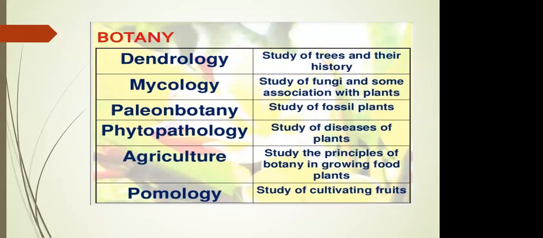Agronomy, the study of the principles of botany in growing food, that means growing plants. And pomology, the study of cultivating fruits. So these are the different studies in the branch of botany.